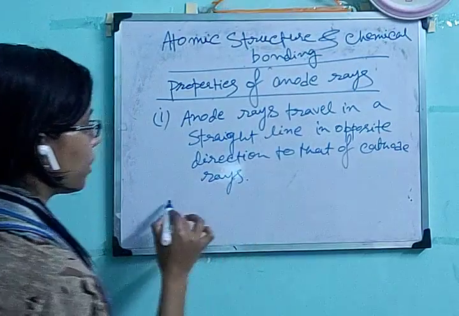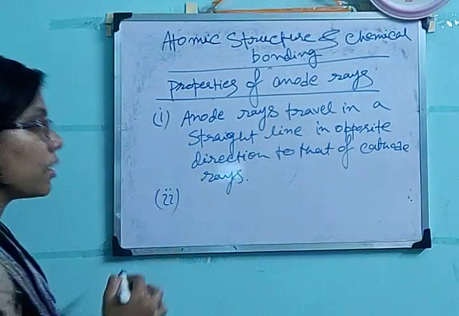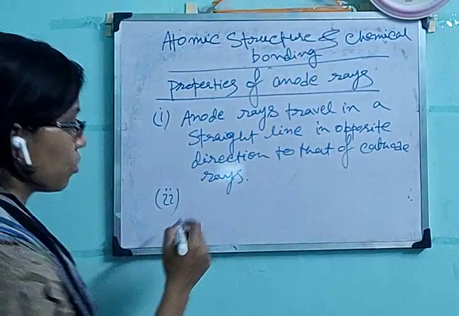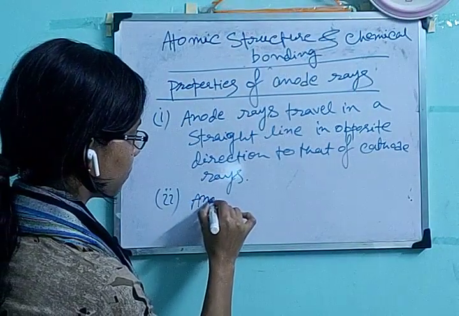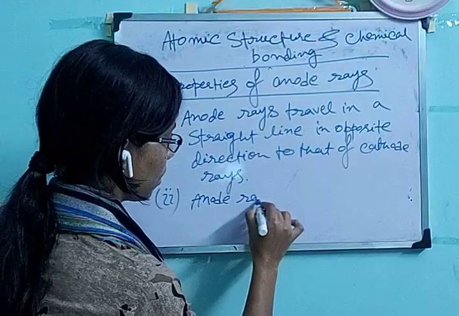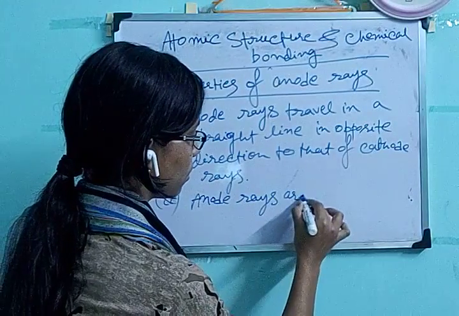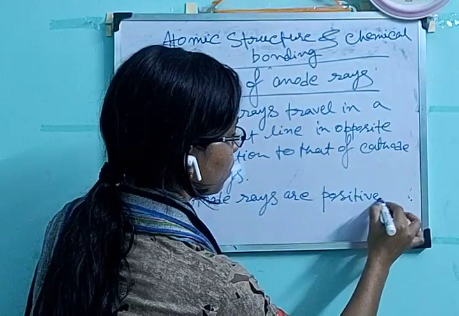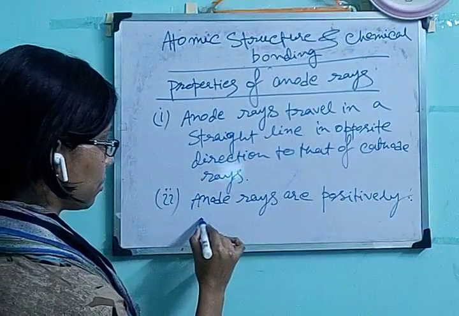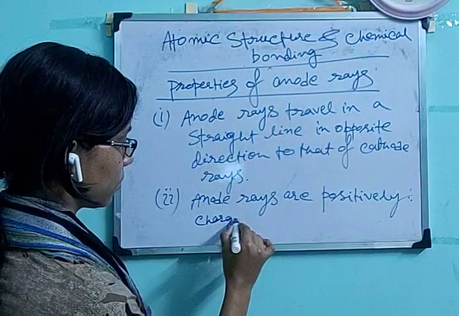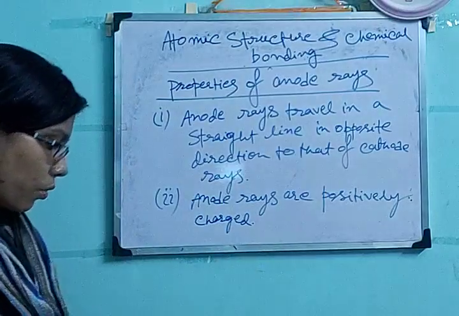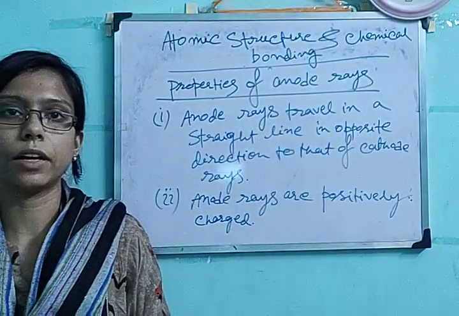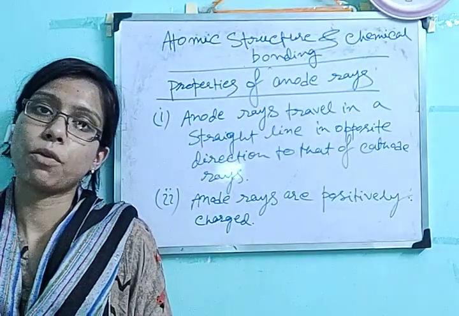What will be the second point? The second point must be that the anode rays are positively charged, opposite to cathode rays. When we apply an electrical field, cathode rays deflect towards the positive electrode.